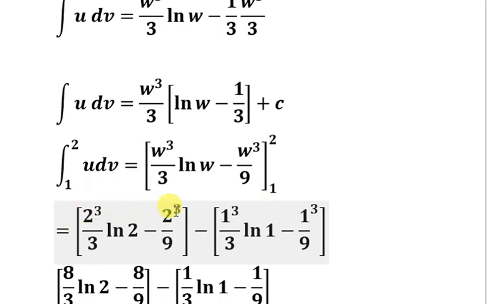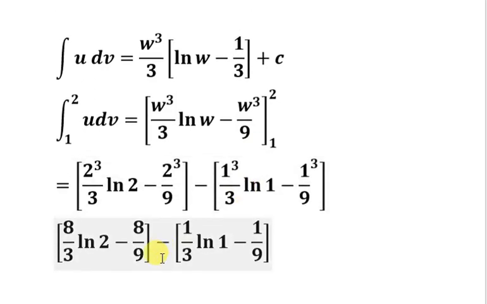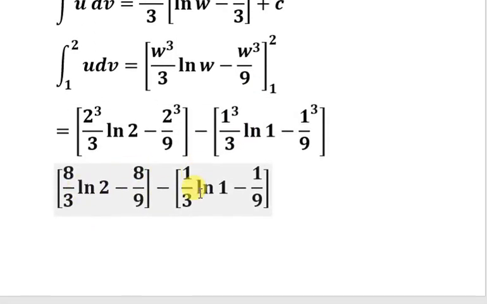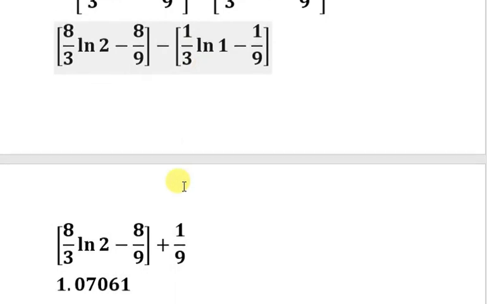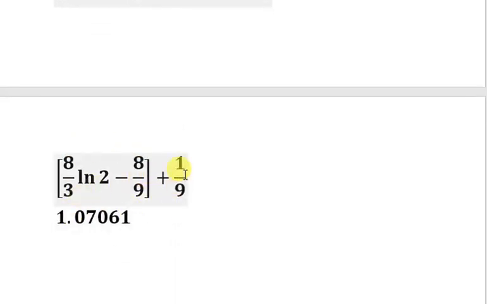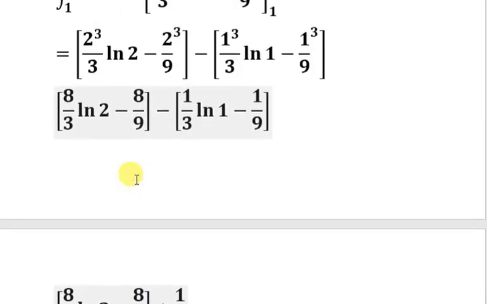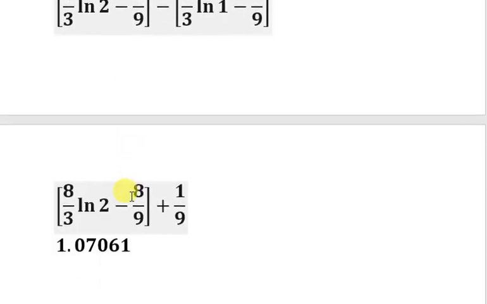So we put 2 in this area, and in the next one, we subtracted the value of what we get by putting 1 in there. Following the process briefly, we will get to this answer, which we can leave like that, but you can also continue to simplify to get 1.07061.